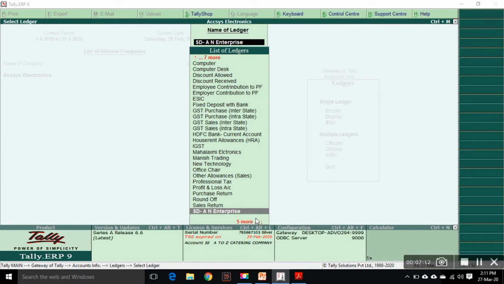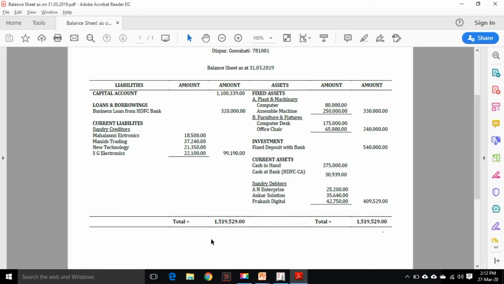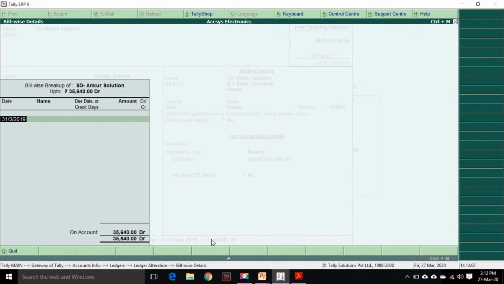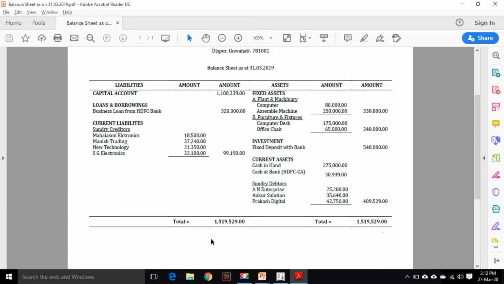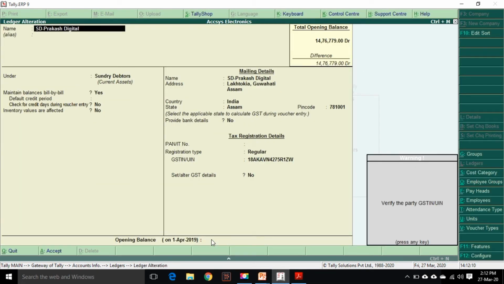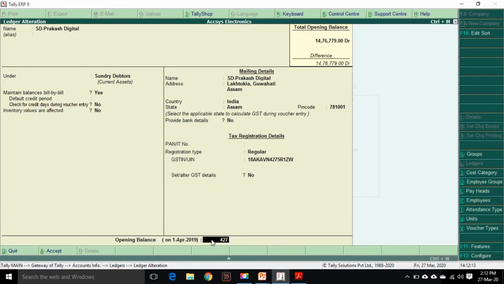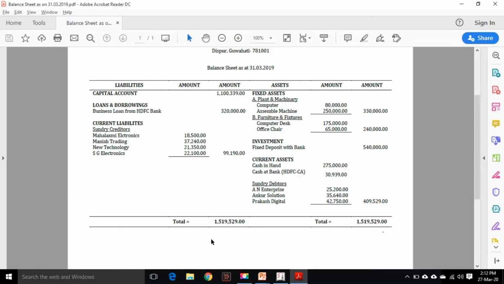Not required. Done. Next, Ankur Solution, 35,640. Next is Prakash Digital, 42,750. Done. So we have done the asset part.